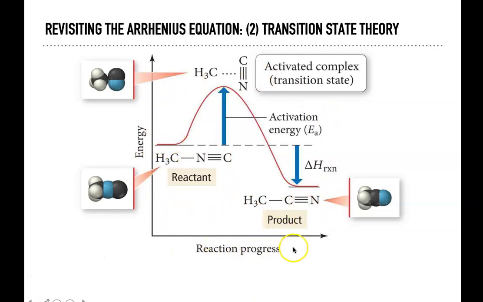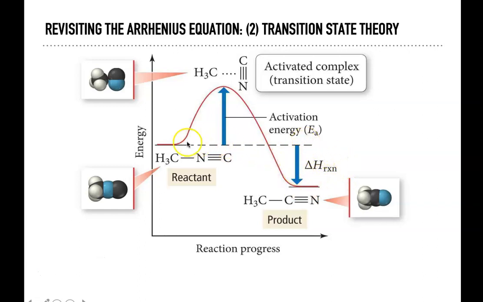The x-axis shows the reaction progress, and the y-axis shows the potential energy level. The reactant energy level is here, the product energy level here, and the energy difference is this much. This is an exothermic reaction with this delta H.